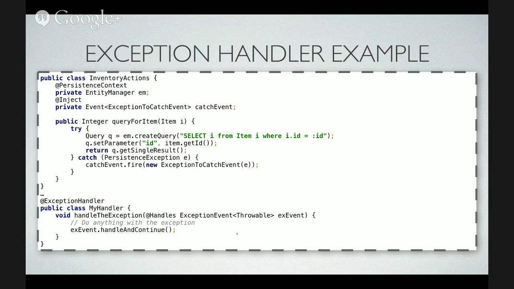So here we've got an example. You've got a bean, InventoryActions, and you've got a method, queryForItem. This method has a try catch clause, and in the catch clause you see that we use the catch event we injected at the beginning of the class, and this event fires an ExceptionToCatch event, and we are wrapping the persistence exception in the ExceptionToCatch event.